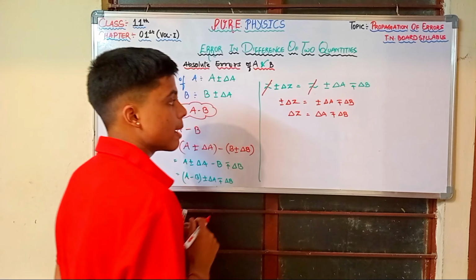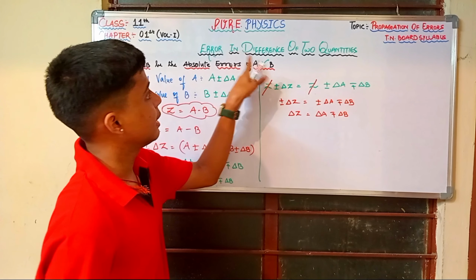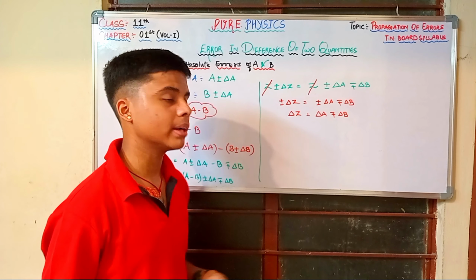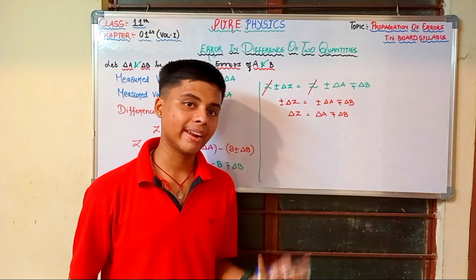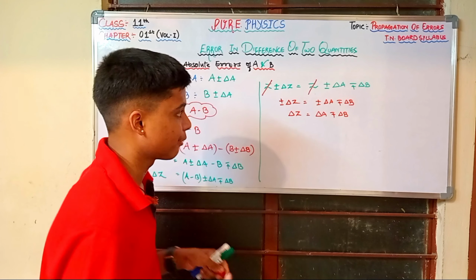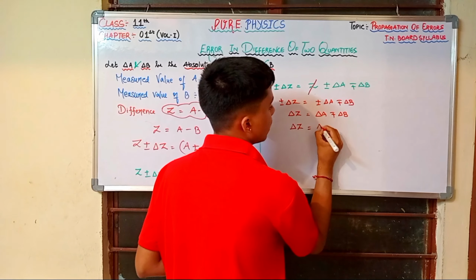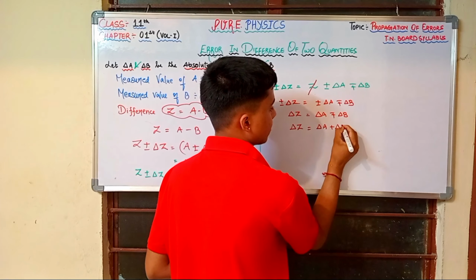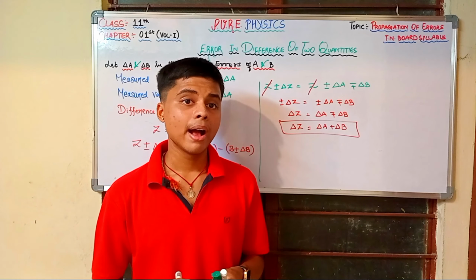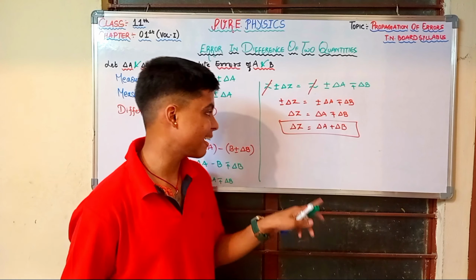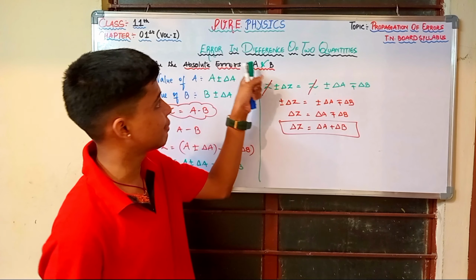Now I want the maximum possible error in the difference of two quantities. If I want the maximum possible error, then my error should be positive. Therefore, I will neglect this minus and I will take delta Z is equal to delta A plus delta B. Why am I taking only positive? Because of the maximum possible error in the difference of two quantities.